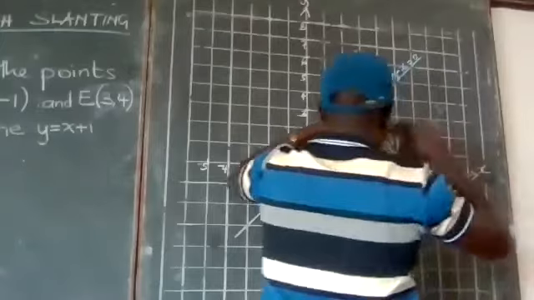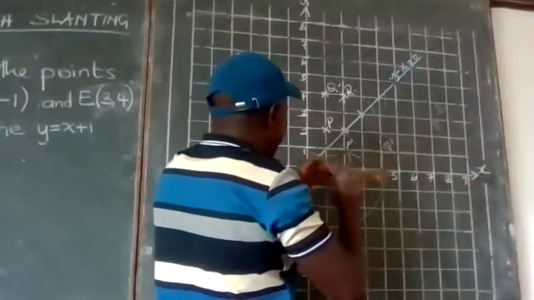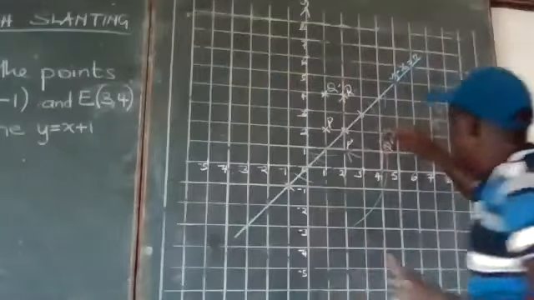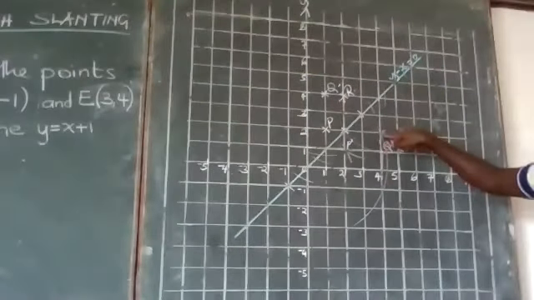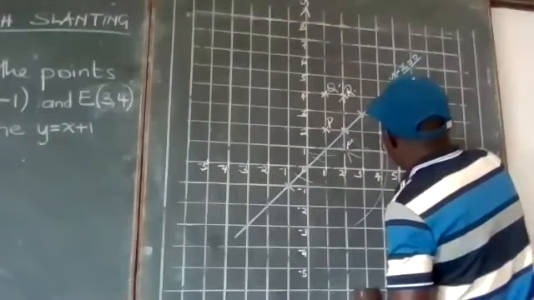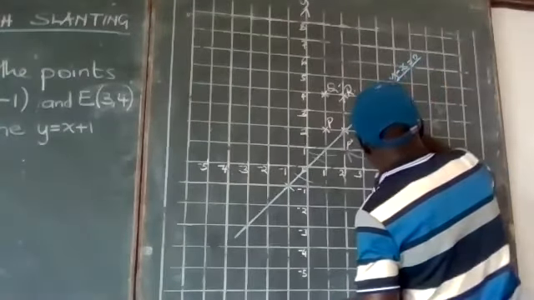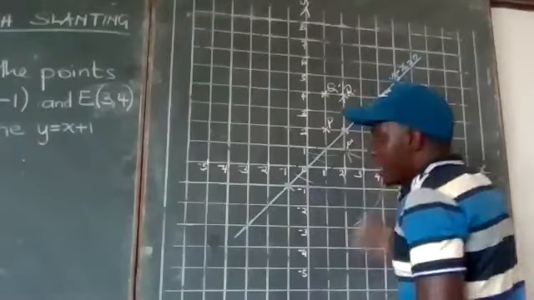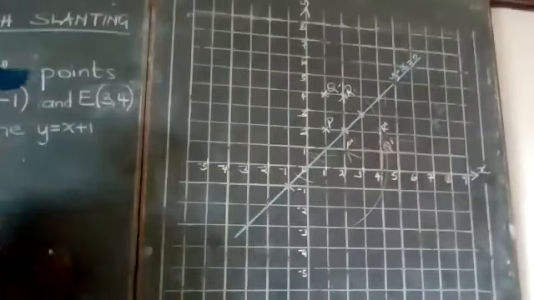Oh, that means that I have to extend this one here, and they are meeting here. So this is my point. This is R complement. And what will be the answer to that one? What are the coordinates?